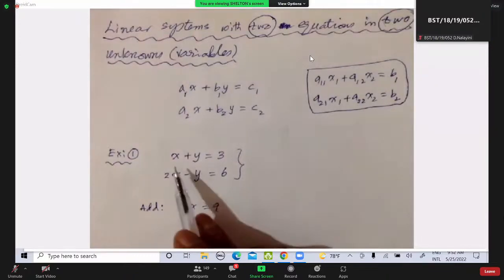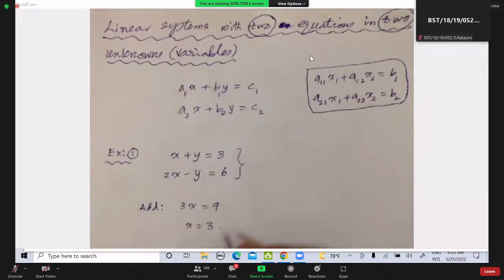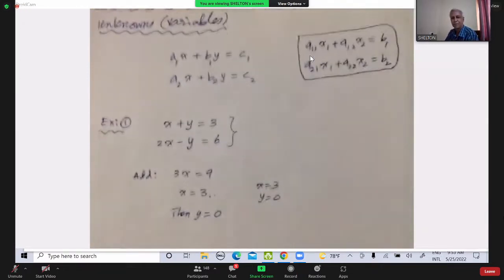If you put x equals 3, what is y? y equals 0. So what is the solution? The solution is x equals 3, y equals 0.